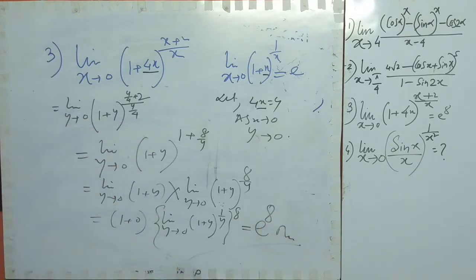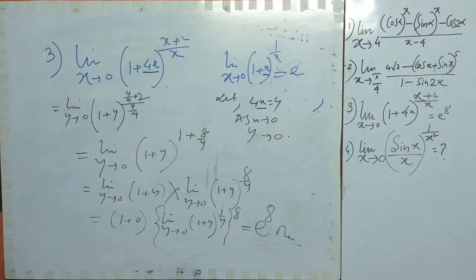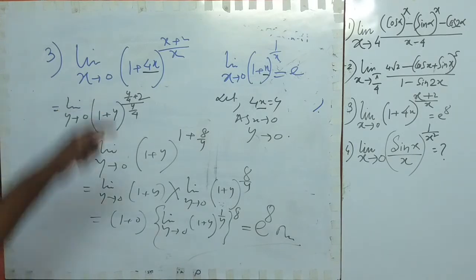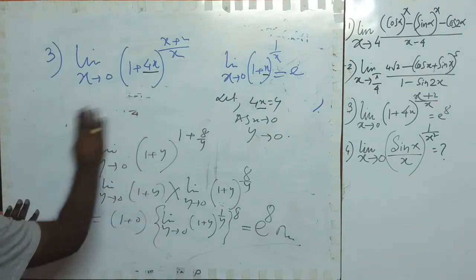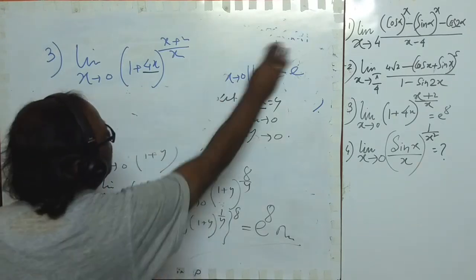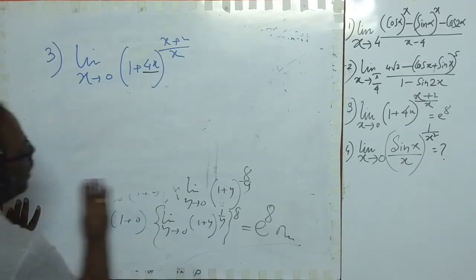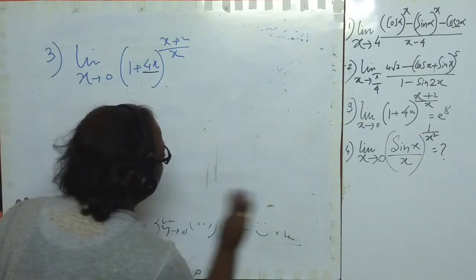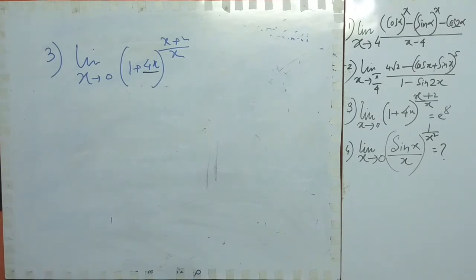Okay, I think all of you have understood this problem. Again, for this problem we have to introduce a short method for competitive exams, where no explanation is needed. So how can we use this formula? Let's see how it is possible to write the simplest problem.